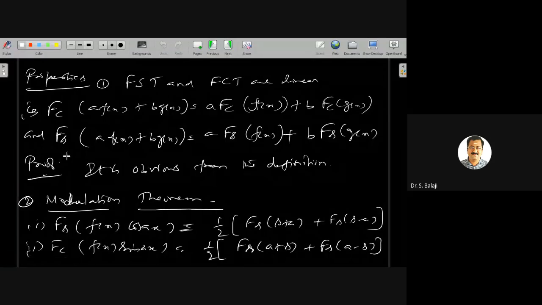Similarly, Fs of A f of x plus B g of x is equal to A into Fs of f of x plus B into Fs of g of x. The proof is obvious from the definition because it is an integral operator.